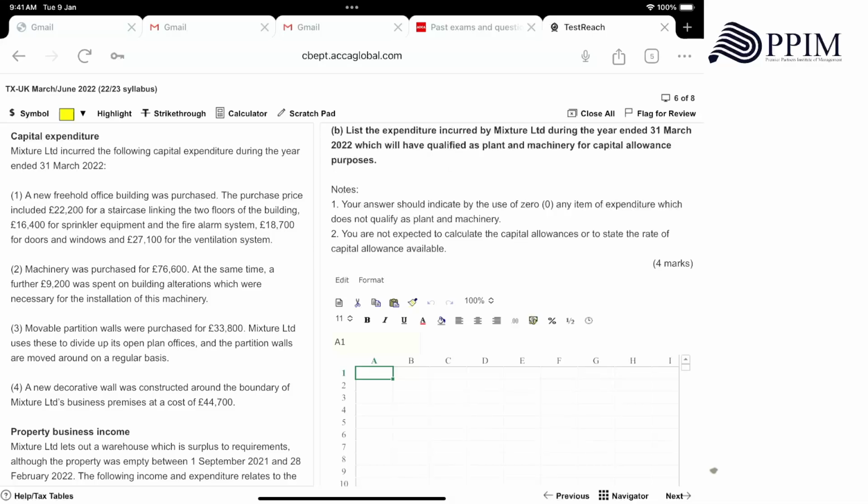So, sprinkler equipment. Here's sprinkler equipment and fire alarm system is that one.